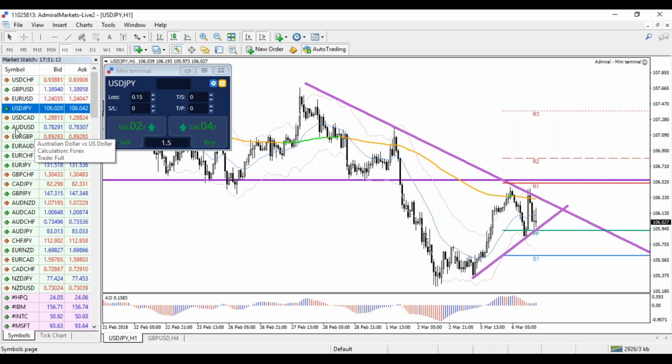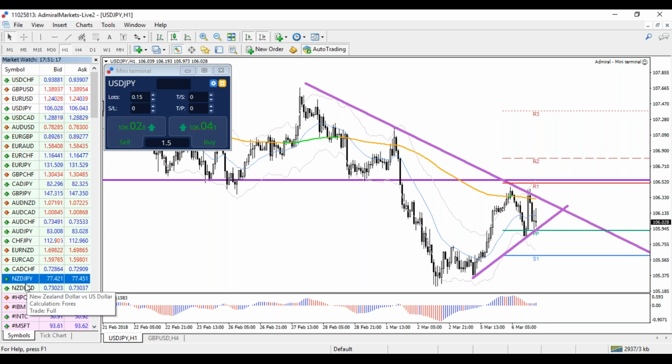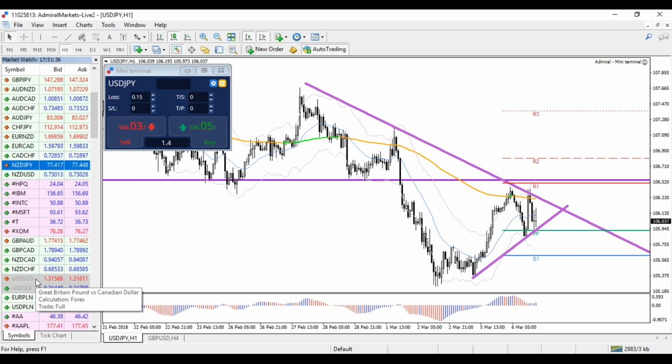Let's take a look at pound New Zealand now, and if you have any particular pair or instrument for that matter in mind, let me know. We can take a look at some stock indices, for instance, as well. Of course, let me know if you have a preference. In the meantime, I'm trying to find pound New Zealand, and I'm not succeeding.